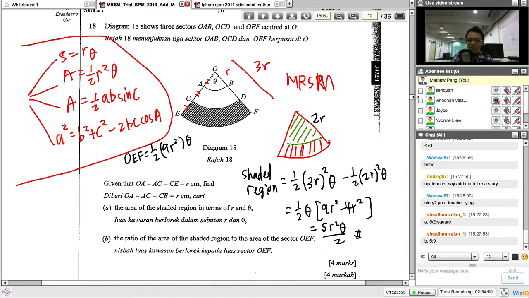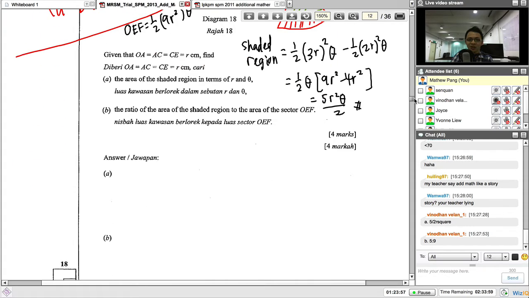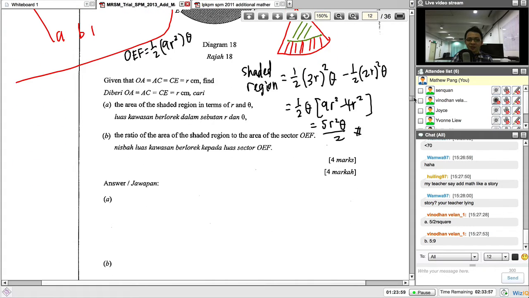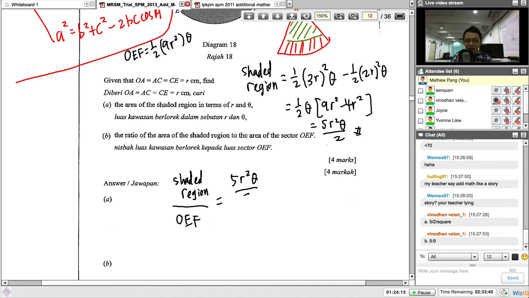So I'm going to do the ratio for this part. A ratio is always written as a fraction, so I write shaded region over OEF. My shaded region is 5R squared theta over 2, and my OEF is 9R squared theta over 2.